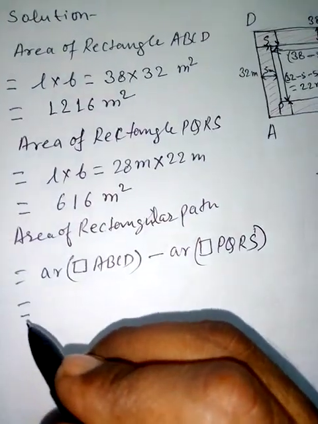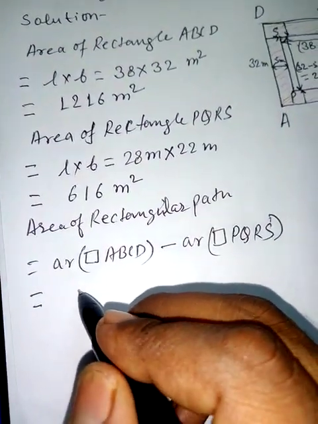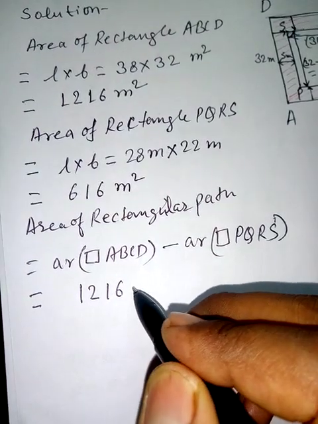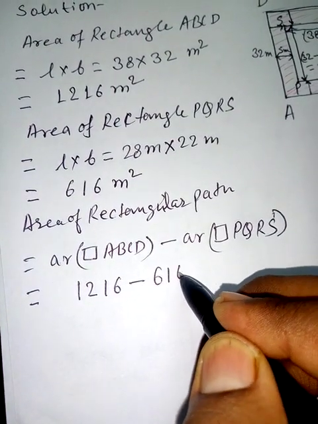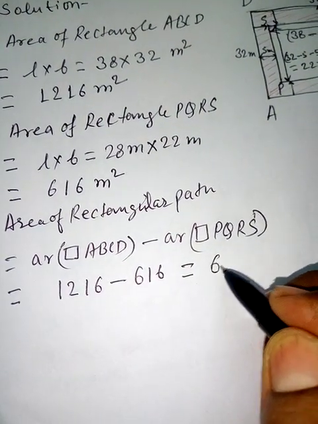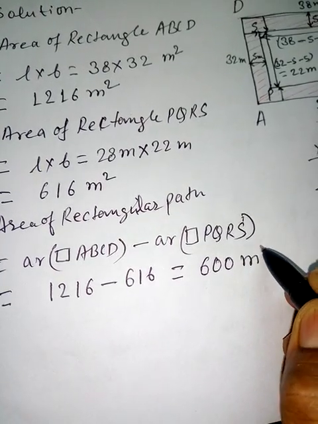That will be 1216 minus 616, that will be 600 meter square.